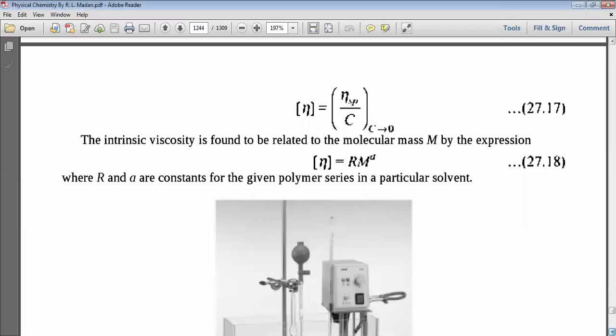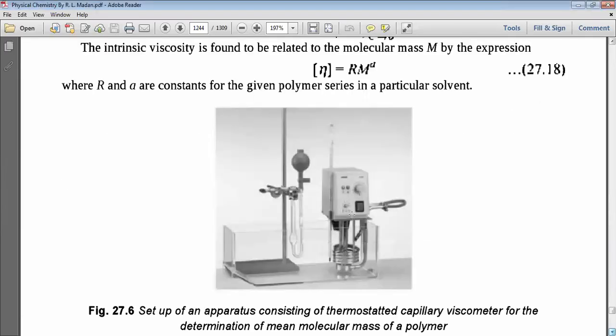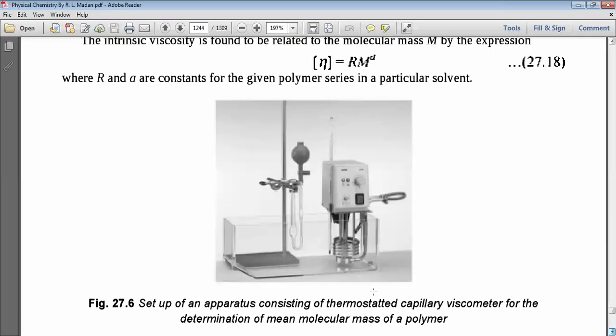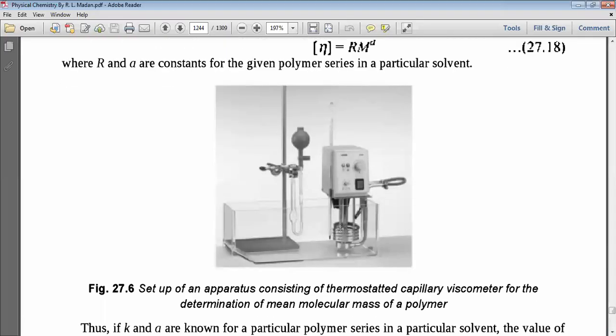Here in this diagram, this is the Ostwald viscometer, and this is the setup for measurement of viscosity of polymer: a thermostated capillary viscometer for the determination of mean molecular mass of a polymer.